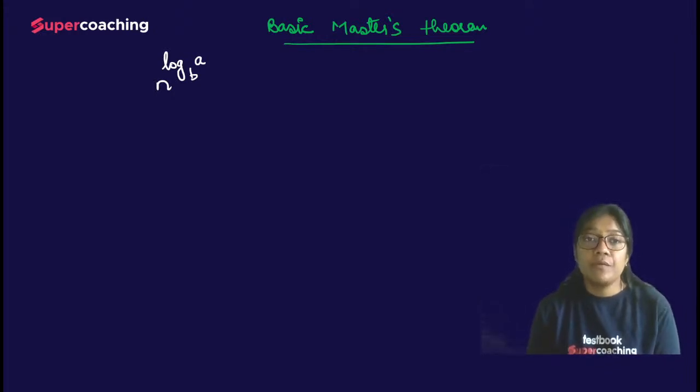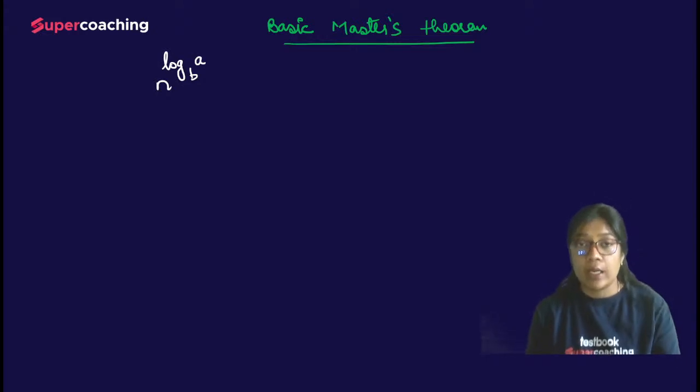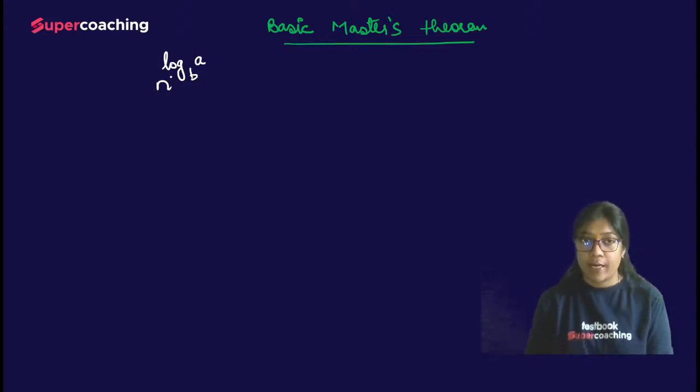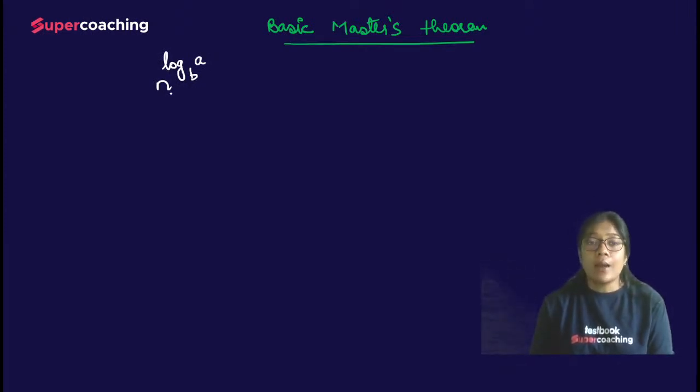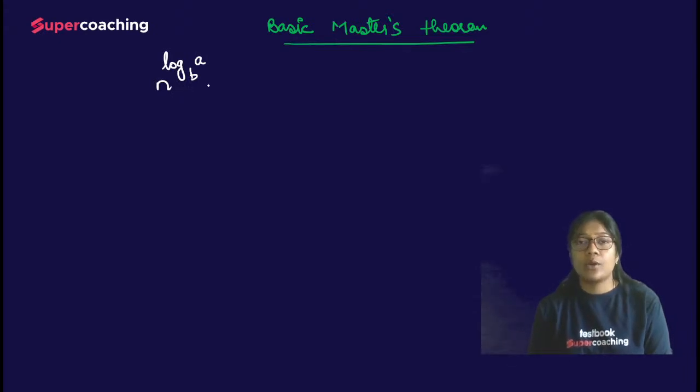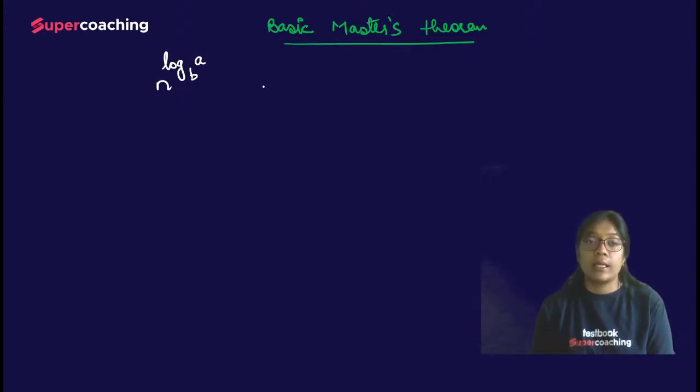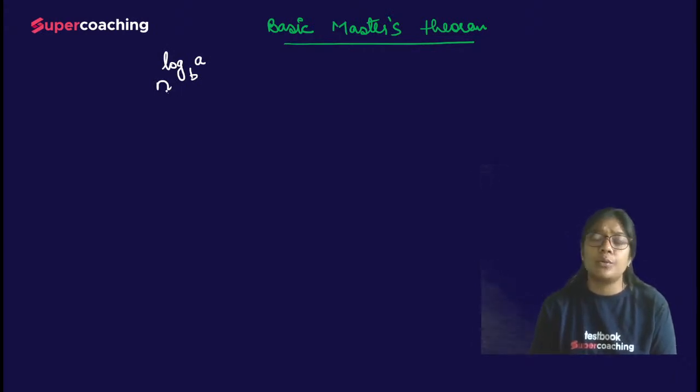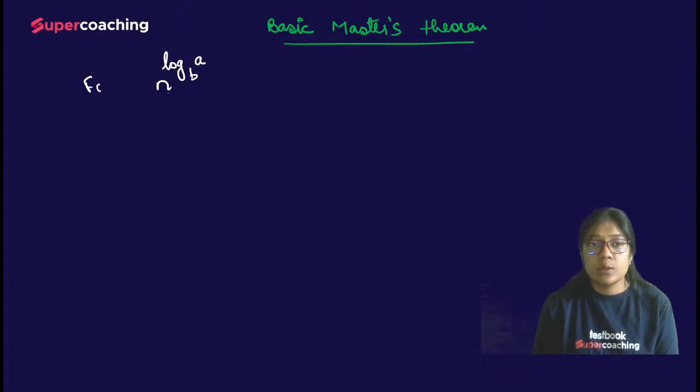Because when the function is given in terms of n, we are talking about a polynomial function, so I'm finding log a with base b. If you are taking f of n strictly as n raised to some power, then you can directly compare with log a base b. It's up to you whether you consider n raised to the power or only log a base b. It won't make any difference. So find this value.